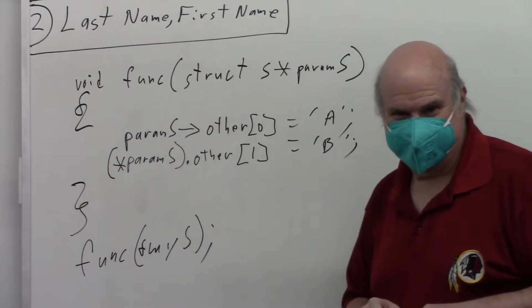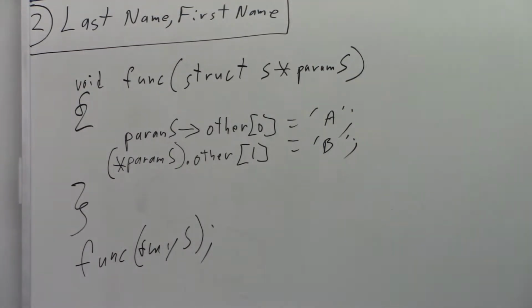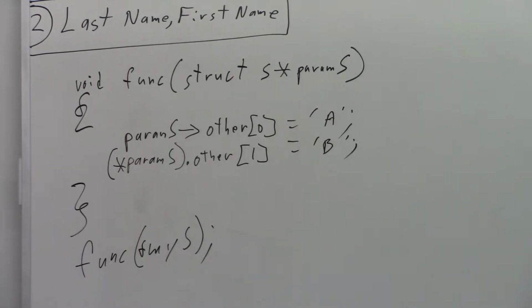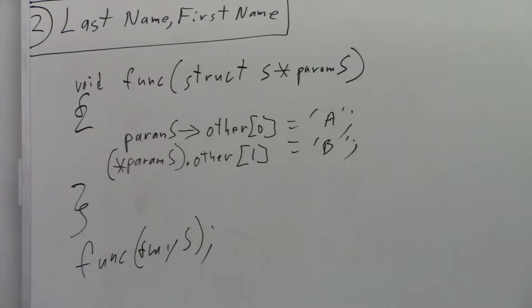Question? If it's a struct within a struct, the sub-element struct within the structure, if it's a pointer struct, is that the only situation where you would use double arrow operators when calling within the sub-element structs? That's the only case we have talked about, yes.